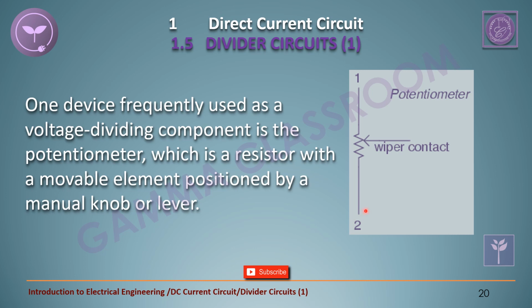The movable element, typically called a wiper, is a conductor. It can move up and move down. When it moves up or down, the voltage between this point and this point will change.